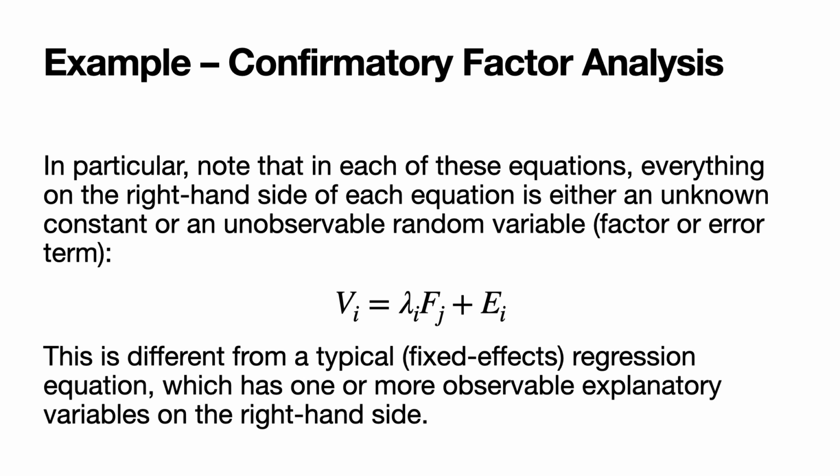So the right-hand side of this equation, V sub i equals lambda sub i times F sub j plus E sub i: the lambda sub i is an unknown constant, and both the factor F sub j and the error term E sub i are unobservable random variables. And so the entire right side of that equation is unknown or unobservable. Now this is different from a typical fixed effects regression equation, which has one or more observable explanatory variables on the right-hand side.